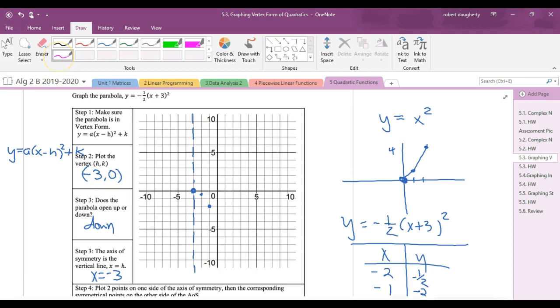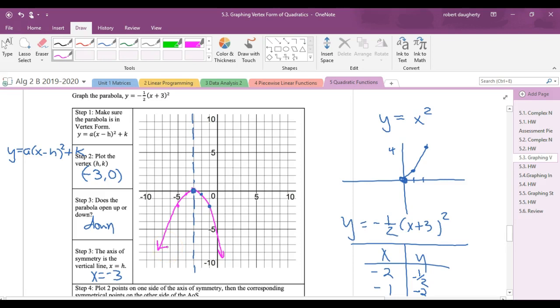And I also know there's a point right here, and then there's a point right here. If I go over 1, I've got this point, and if I go over 2, I've got this point. So this is my graph.